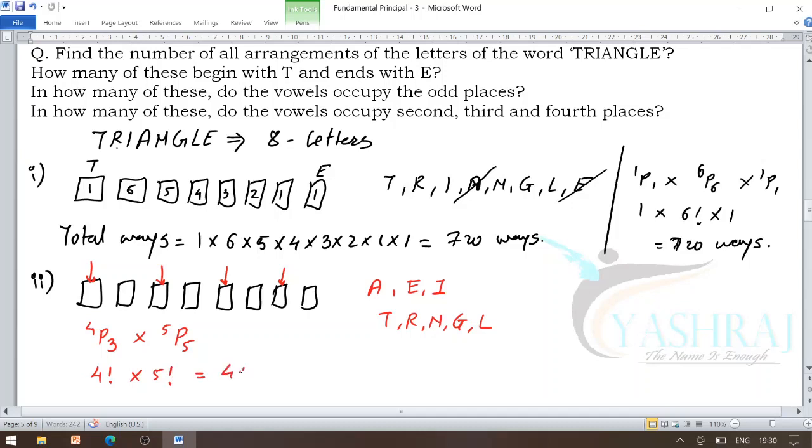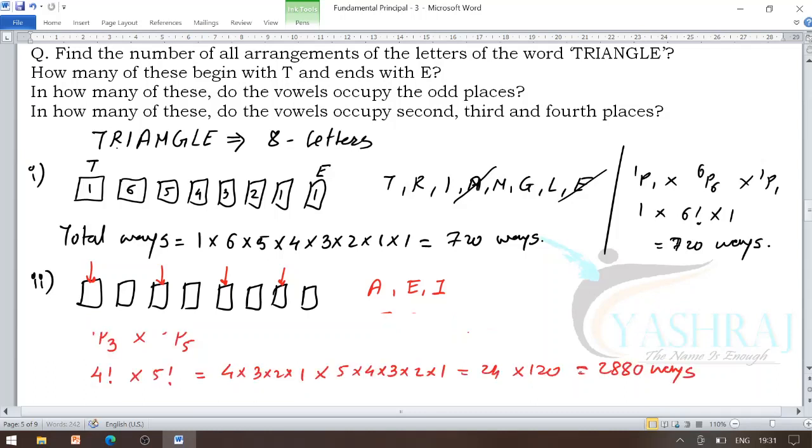So 4 factorial is of the form 4 into 3 into 2 into 1, into 5 factorial, which is of the form 5 into 4 into 3 into 2 into 1. So 5 factorial becomes 5 4s are 20, 20 3s are 60, 60 2s are 120, while 4 factorial becomes 4 3s are 12, 12 2s are 24, and 24 into 120 gives us 2880 ways.